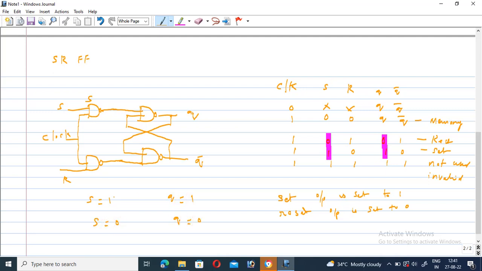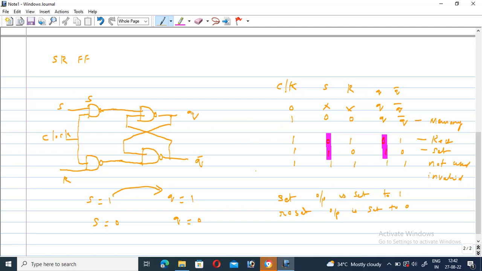That means when the input value S is 1, Q is 1, which is the set condition. When S is equal to 0, Q is equal to 0, which is the reset condition. So you can observe that whatever the S values are, the same values appear at the output side. For this, you have to consider the R values also, since R values are also very important.